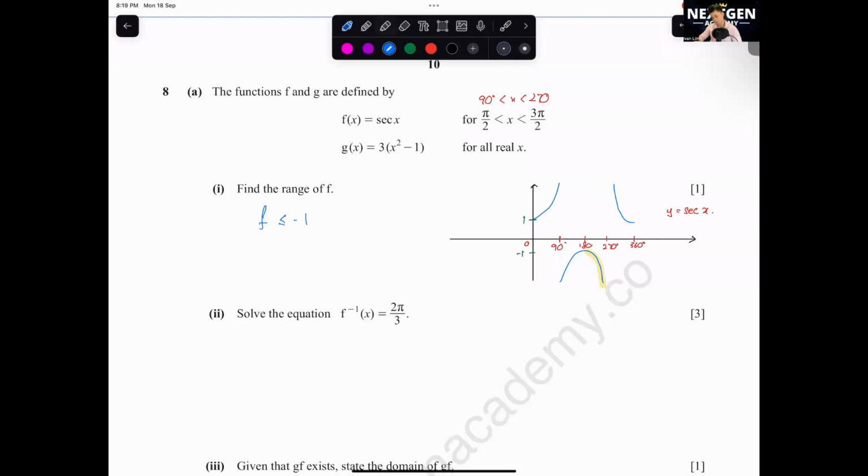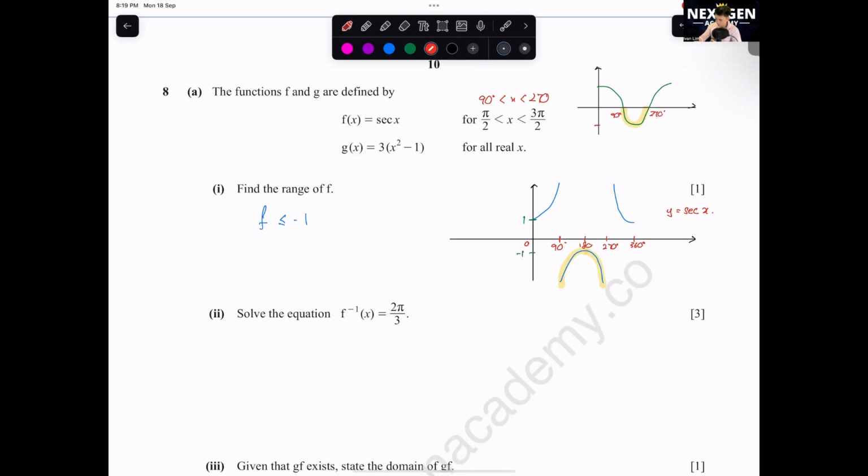Okay, unless, let me try to think. Unless they expect you all to derive from a cos graph. Let's see. Let's say if you derive from a cos graph, can you do an inverse for this? 90 is from here, right? So from here to here is 90 to 270.